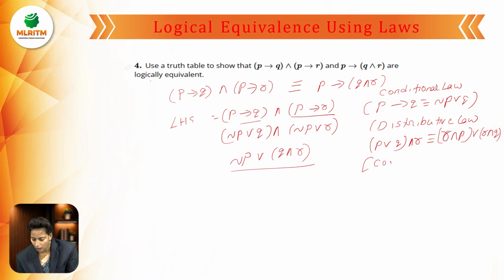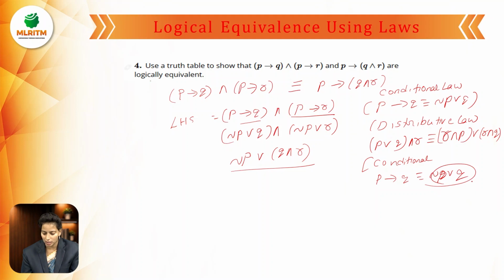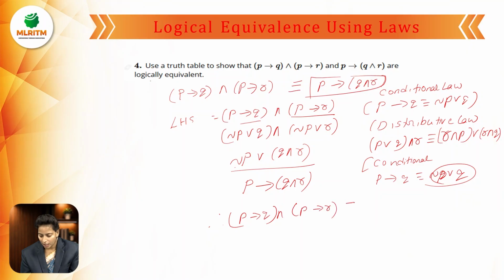Apply the conditional law: negation P or X is equivalent to P implies X. So on the right-hand side, in place of X we have Q and R: P implies (Q and R). Therefore, P implies Q and P implies R is equivalent to P implies (Q and R).